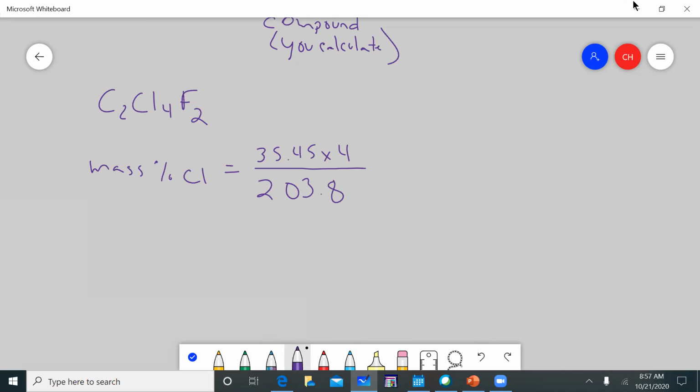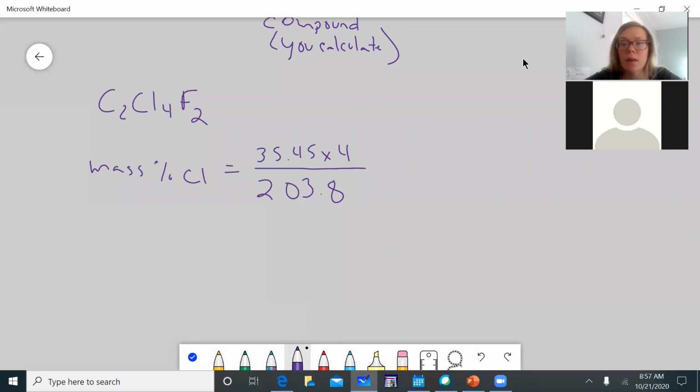Can someone give me confirmation on that? That is the molar mass of that. Sometimes my adding and subtracting can be terrible. Just throw it in the chat if that's what you got. I'm not getting any confirmation from anyone, but I'm assuming I double checked it. So that's what I got.